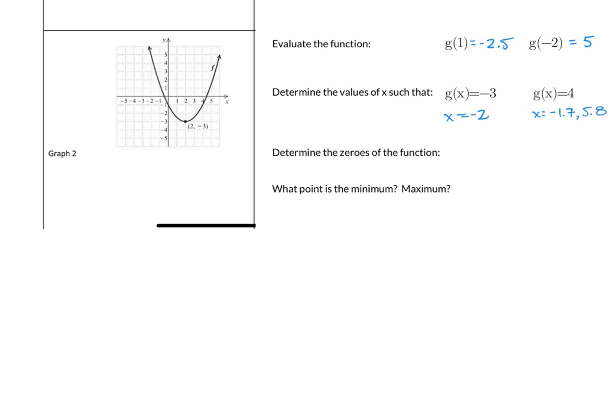So again, remember we are looking for x-intercepts. We want to know, where is this thing equal to 0? Where is it crossing the x-axis? First one we have is right here. Looks to be about halfway between 0 and -1. So I'm going to go ahead and say -0.5. But we also have an x-coordinate over here. And I'm going to go ahead and say about 4.5.